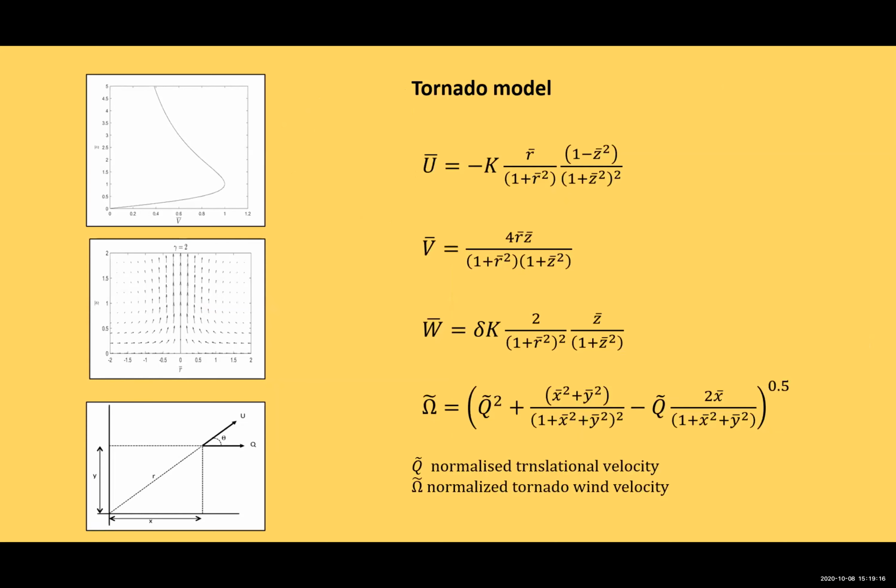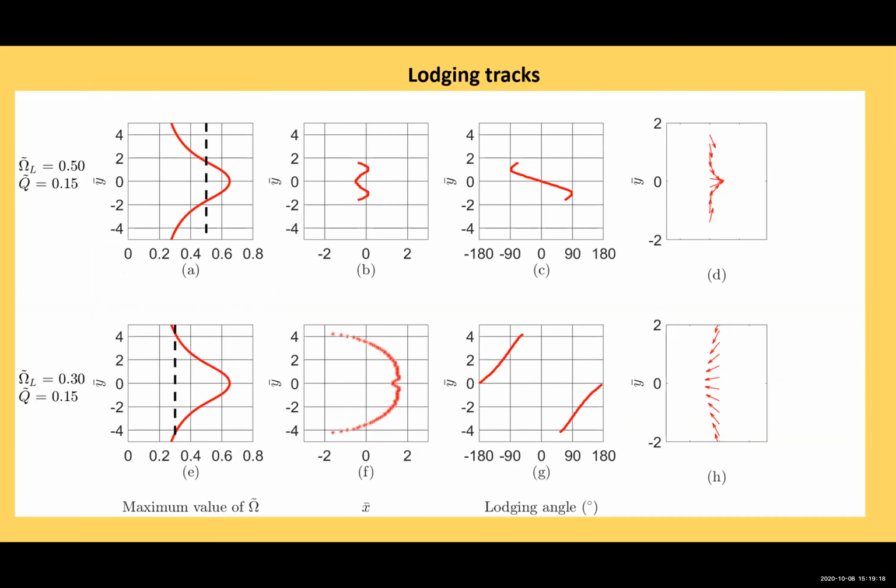But if we take these things and we put them together, we can look at how crops lodge. If we just look at the top line there, for a particular set of circumstances, the left-hand figure shows the maximum value of the tornado wind speed at any one point in the field. Y on the y-axis is the direction perpendicular to the tornado. And obviously, when that value exceeds the lodging velocity, then lodging occurs.